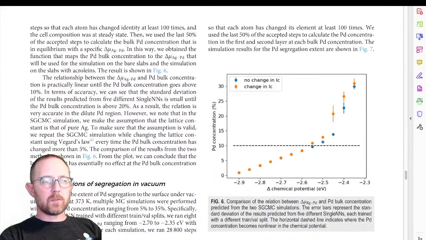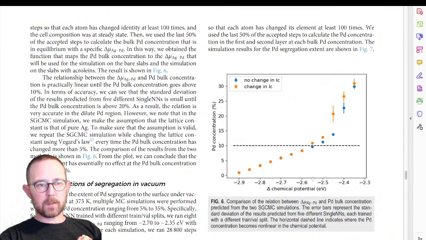All right, so let's look at the bulk chemical potential. This is a number that we choose, and there are some bounds on it, but if we pick one of these numbers, then this will map onto a bulk concentration. Up to about this point, maybe 2.55, the bulk chemical potential is basically linear in the palladium concentration.